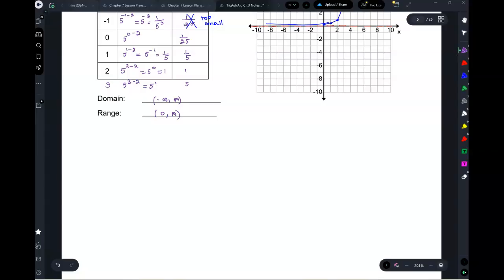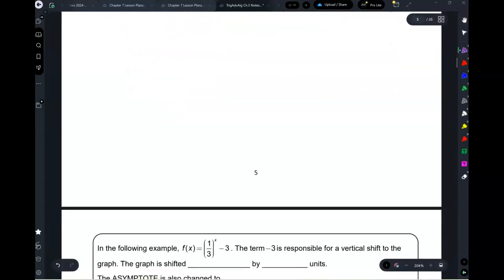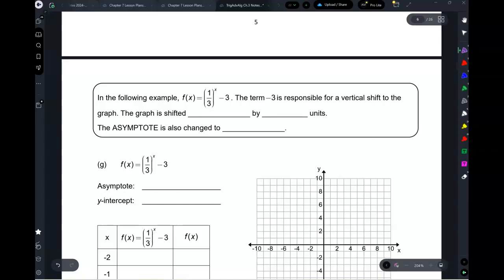Fabulous. One more. Now in this case, I have 1 over 3 to the power of x, minus 3, right? In this case, this negative 3 is responsible for a vertical shift to the graph. In the case of the vertical shift, you just take it at face value. Negative 3 means it's shifted down by 3 units.